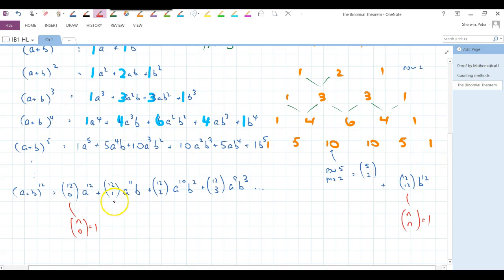And while we're at it, nC1 is going to equal n. So this is 12, always reflecting the power that we're expanding. So this is how we'll proceed.